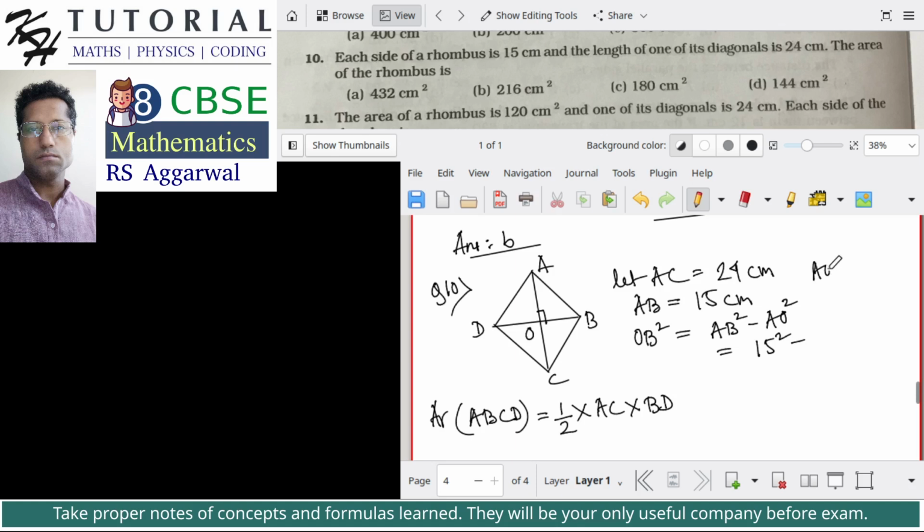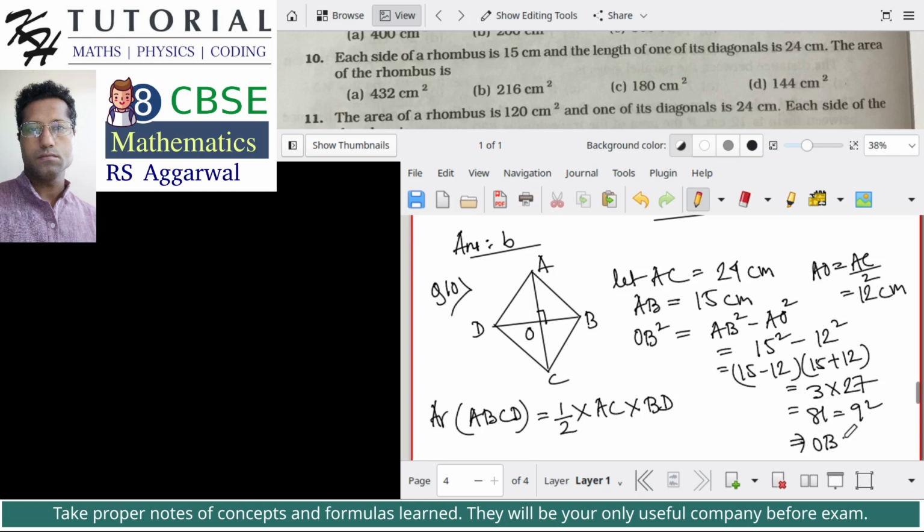So AO is AC by 2, which is 12 centimeter. So we have 12 square. So this is equal to 15 minus 12 multiplied by 15 plus 12, and this is equal to 3 multiplied by 27, and this is equal to 81. This is equal to 9 square. So this will imply OB is equal to 9 centimeter.